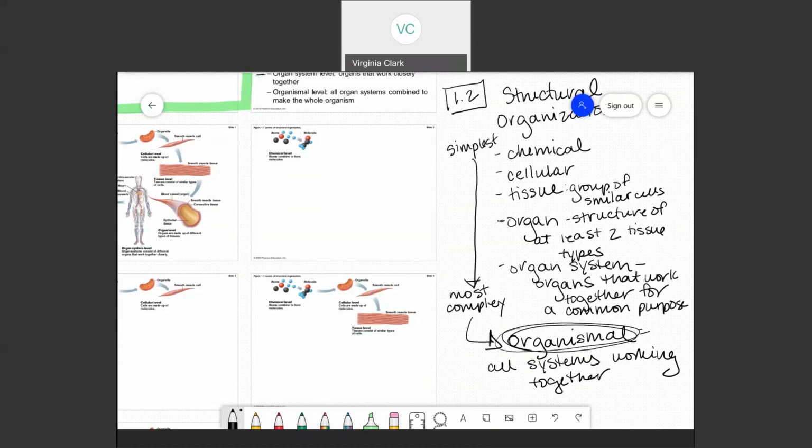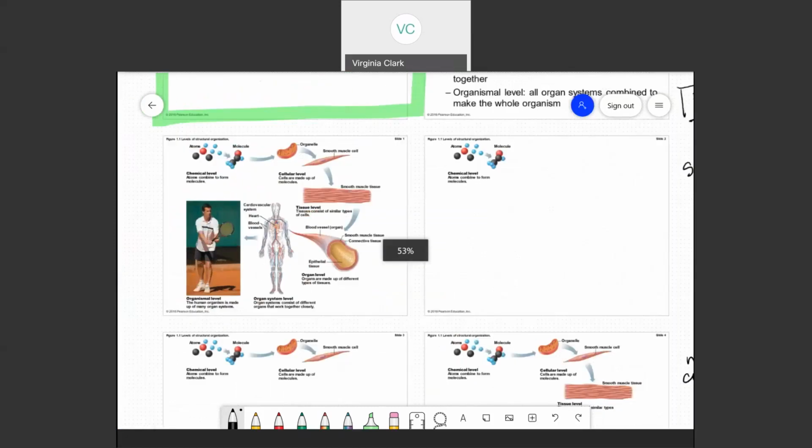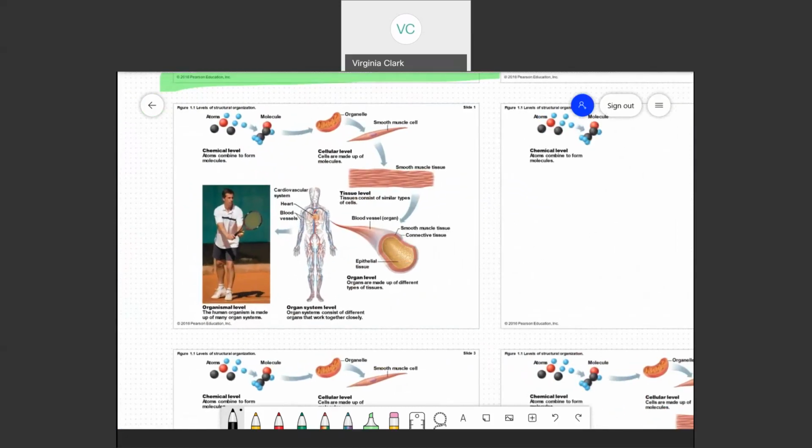So if you look at this PowerPoint slide right here, it will go through and speak to this. So we're going to start with the smallest, or actually let's rename that, not the smallest, but the simplest.